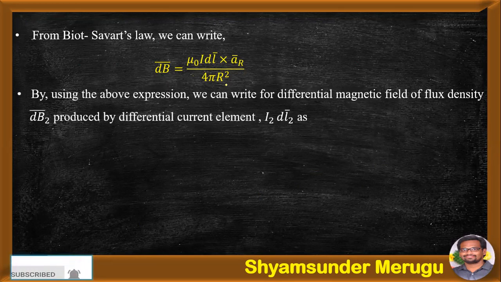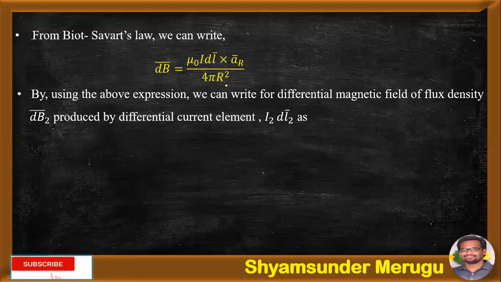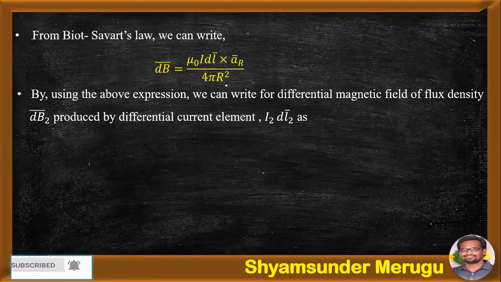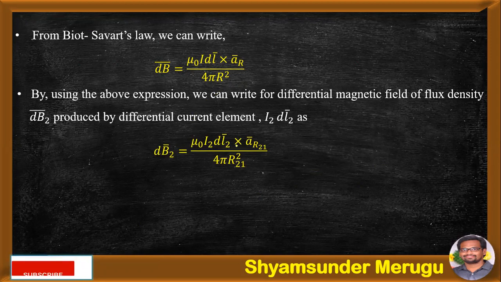By using the above expression, we can write the differential magnetic flux density dB2 bar produced by differential current element I2 dl2 bar as dB2 bar equals mu naught I2 dl2 bar cross A bar r21 over 4 pi r21 square.